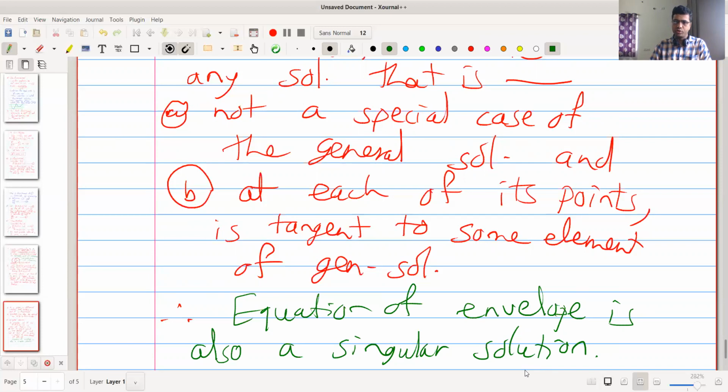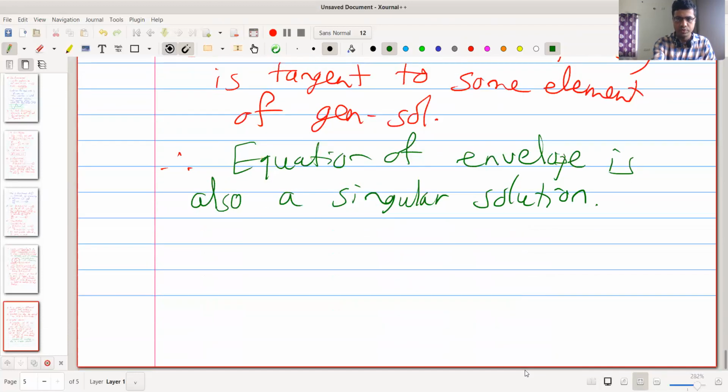So that means each point of the envelope is satisfying the given differential equation. So it is also a solution, and of course it cannot be obtained by assigning only one value of the arbitrary constant c. We see an example.